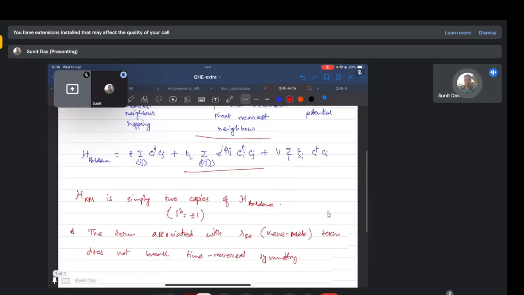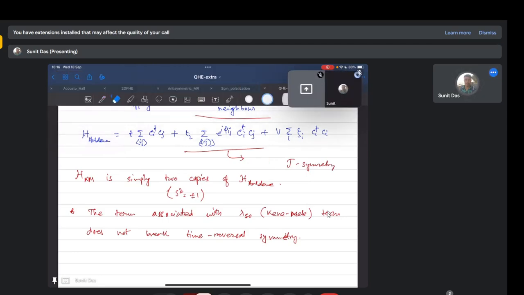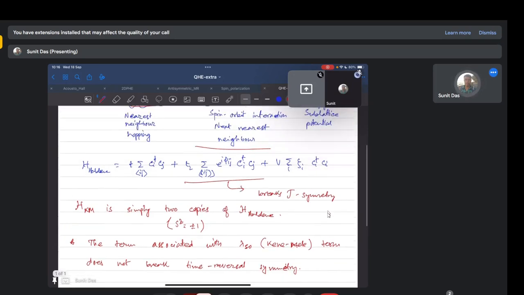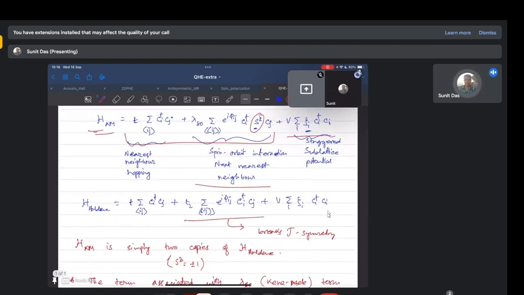But one of the simplest ways to understand why it doesn't break time reversal symmetry, drawing parallels between the Haldane model and the Kane-Mele model, is that this term in the Haldane model breaks time reversal symmetry. And that's why we got a non-trivial Hall state and non-zero Chern number, let's say. And as we have discussed in the previous class, spin also changes sign under time reversal symmetry.